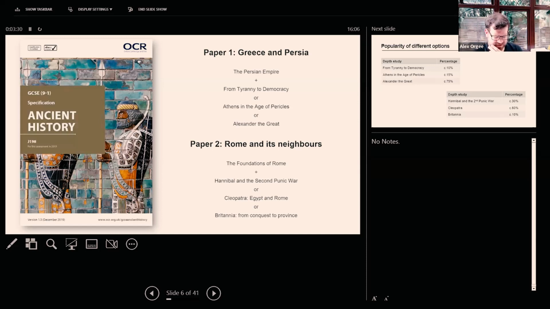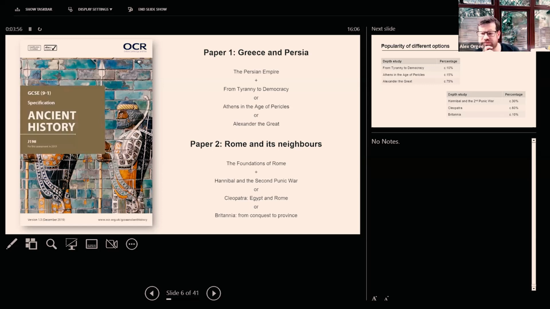We have tried to make the qualification coherent, so whatever combinations of depth studies you do with those period and longer period studies, you have a meaningful study of the ancient world. I've also tried to design it to help minimize the extra contextual information that you need to study, and I can give an exemplification of that in paper 1.